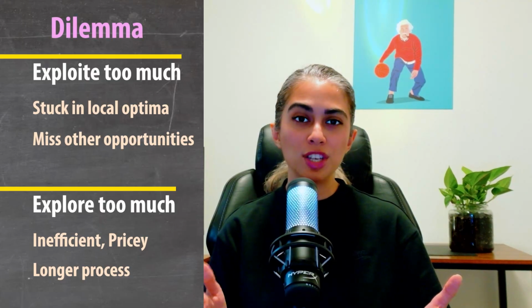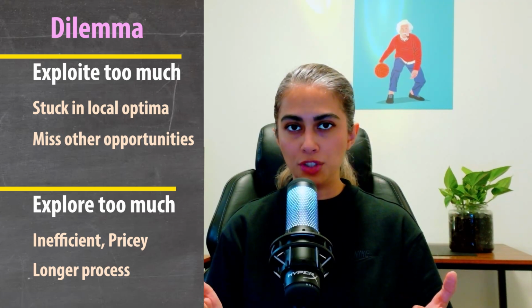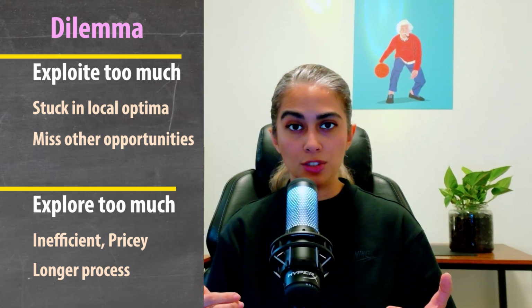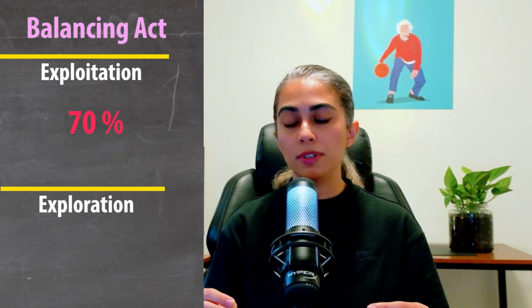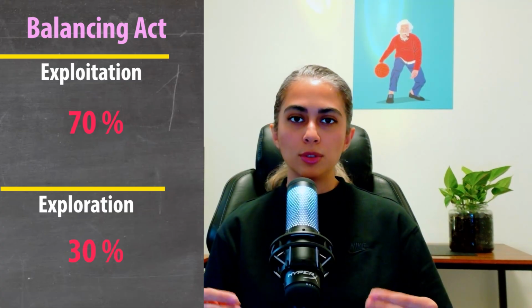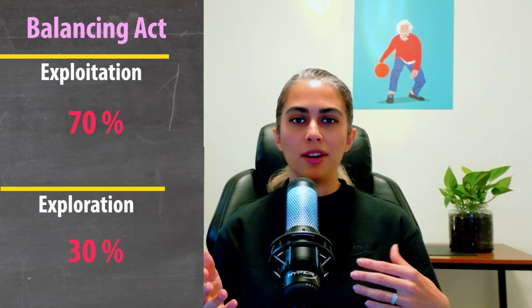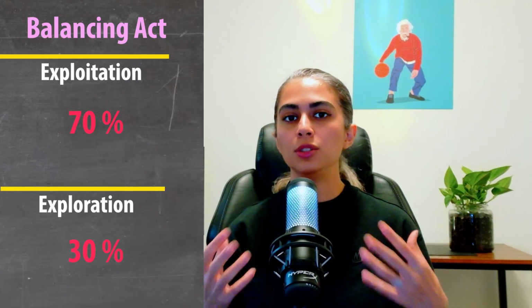Actually, modern reinforcement learning research spends a ton of energy trying to balance this trade-off in smarter ways. A good starting point is usually, academically, 70% exploitation and 30% exploration. That's not by accident. That's designed into the system.